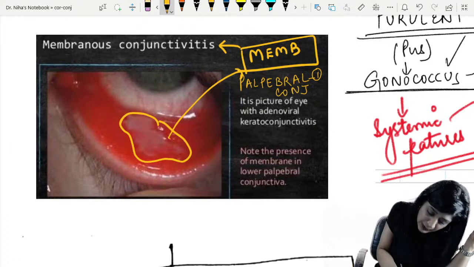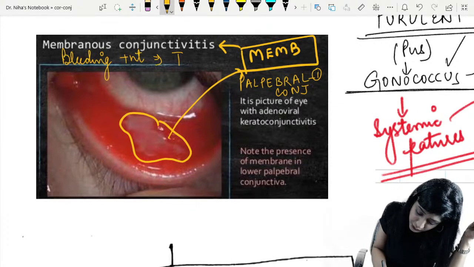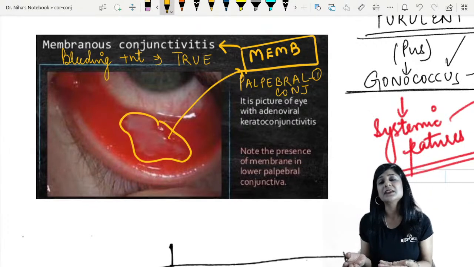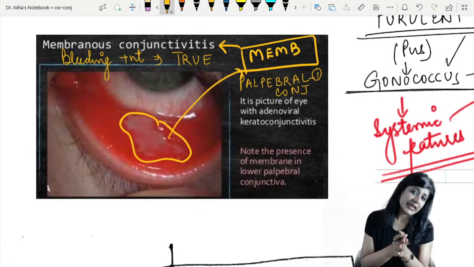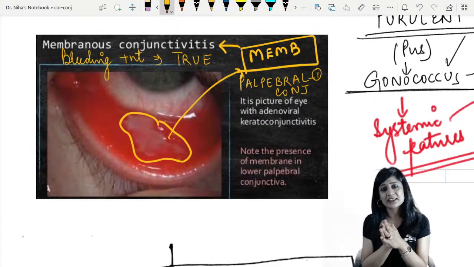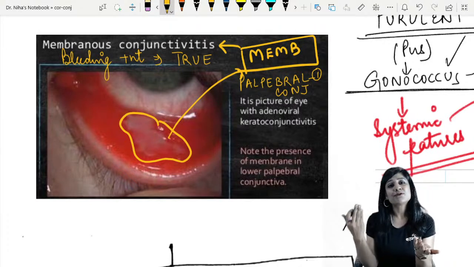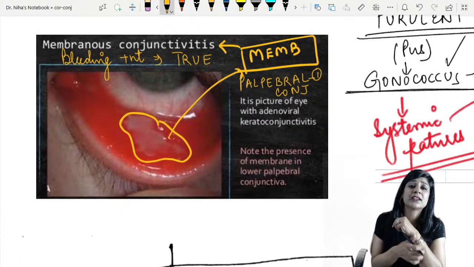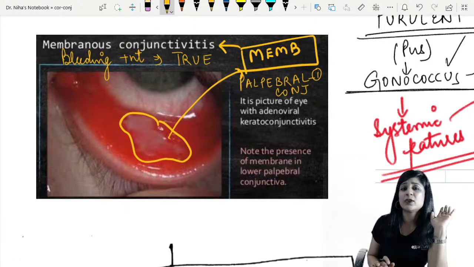So if I have bleeding present, then this is called the true membranous conjunctivitis, and obviously if the bleeding is absent, then it is pseudo-membranous. Most of the times the question that you get in cases of membranous conjunctivitis is how to find out whether it's a true or a false membranous. True membrane is densely adherent on the palpebral conjunctiva, while the pseudomembrane is just loosely adherent, so there will be no bleeding.